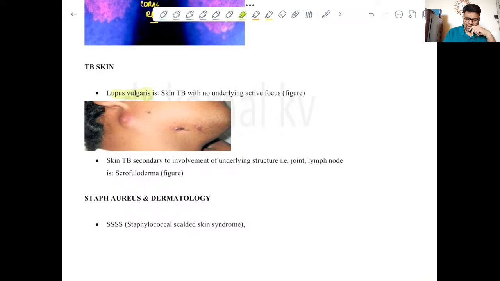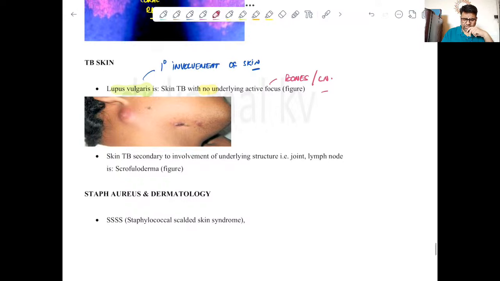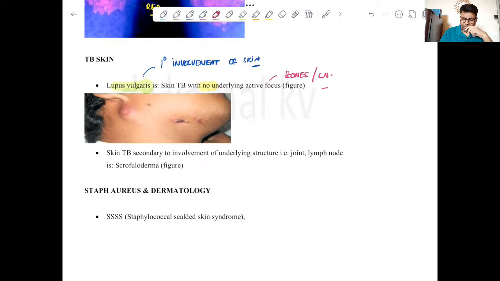Then moving forward to tuberculosis of skin, there are two varieties. One is lupus vulgaris, where there is primary involvement of skin. Clear? So there is no underlying active focus like in bones or lymph nodes. But sometimes there is TB of lymph nodes or bones, which involves the skin secondarily.